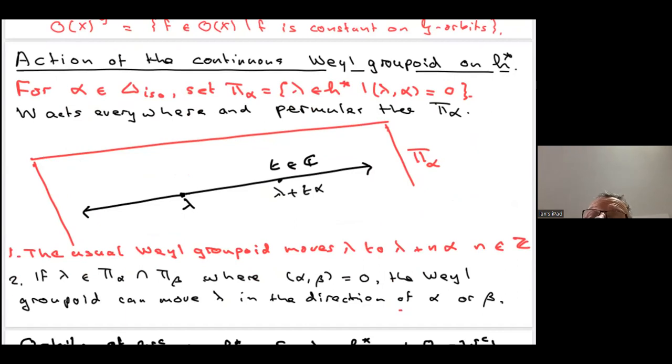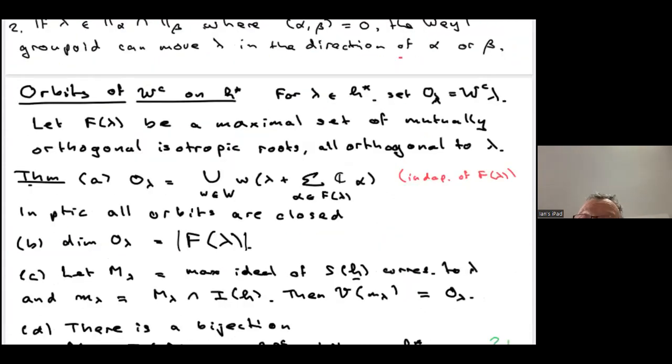It acts on a hyperplane pi_alpha by translation in the direction of alpha, whereas the usual Weyl groupoid moves lambda to lambda plus n alpha, so you get a discrete non-closed orbit. If you have two orthogonal roots, then you can move lambda both in the direction of alpha and beta.